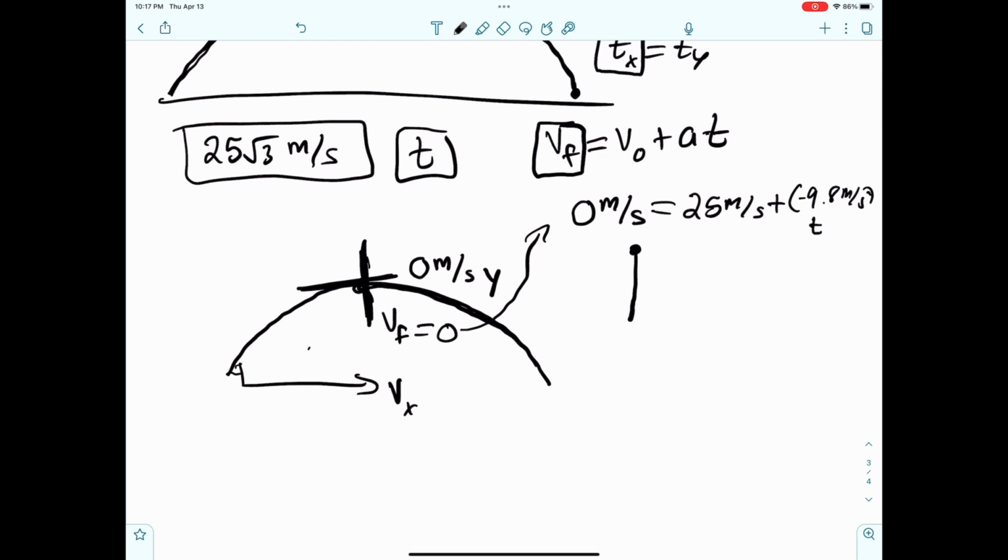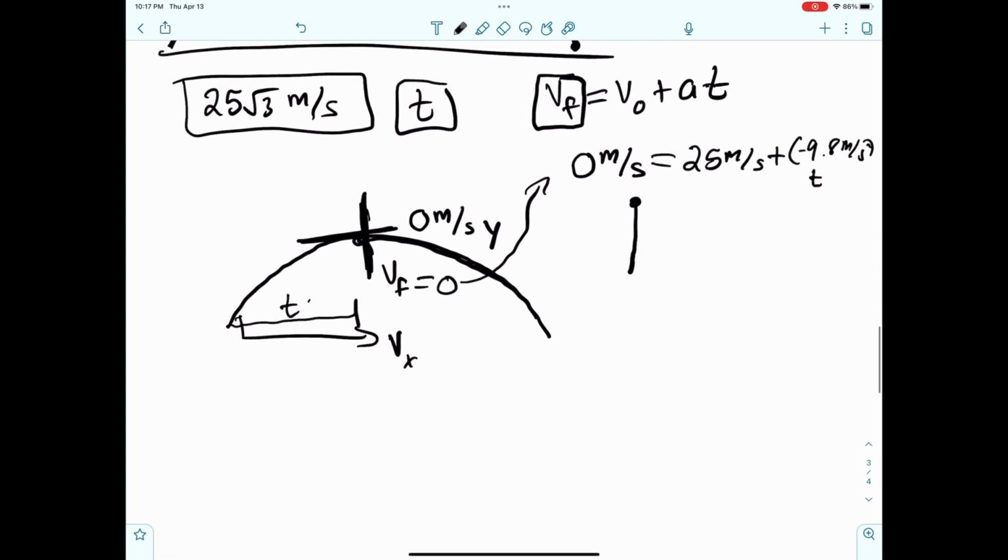Now if we solve this equation for t, we'll get the time it takes for the projectile to move this amount of distance. So we subtract 25 meters per second from both sides. You get negative 25 meters per second is equal to negative 9.8, let's just round it up to 10, negative 10 meters per second squared times time.